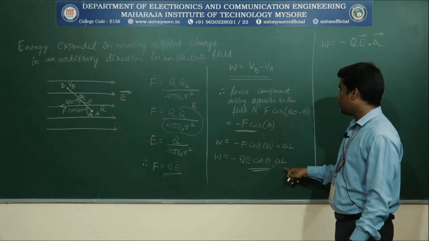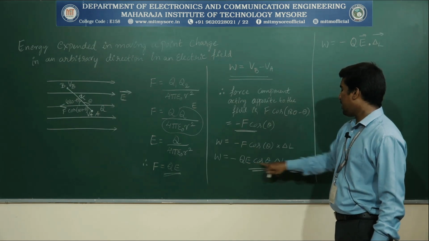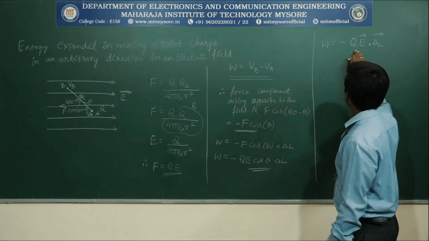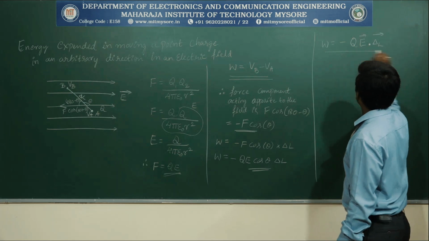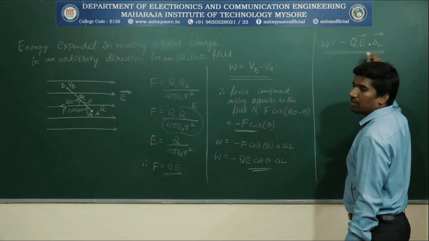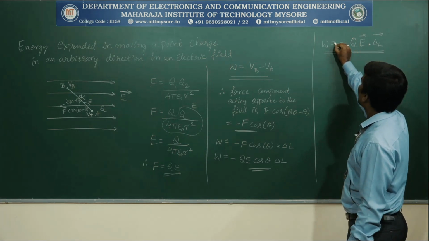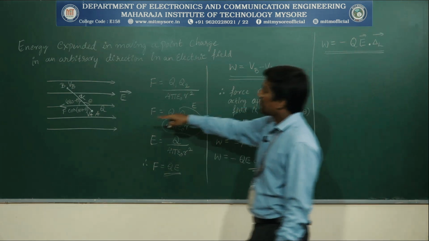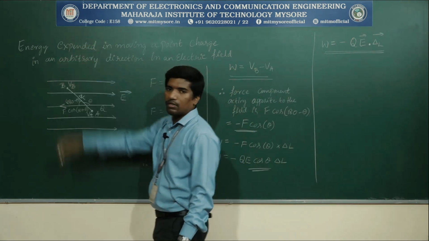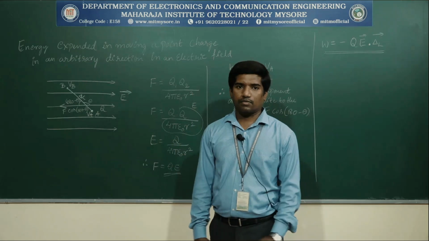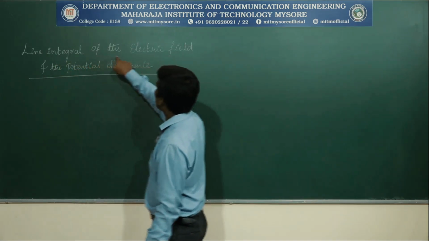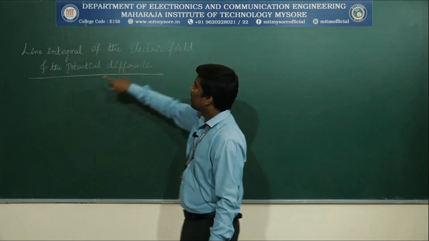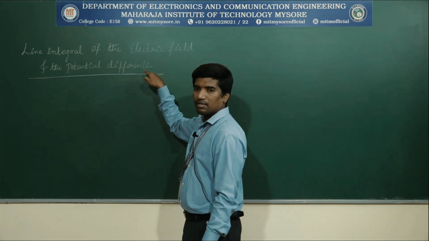These are the magnitudes of two quantities, E and delta L. If we represent in terms of dot product, these two become vectors. Therefore work done or potential difference is represented in this form for an arbitrary movement of charge inside the electric field. Got it? Moving on to the next part, line integral of the electric field and the potential difference.